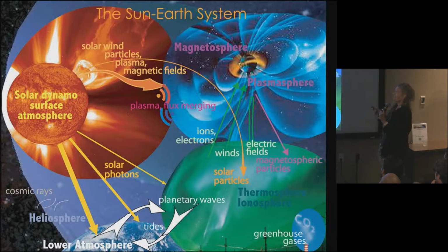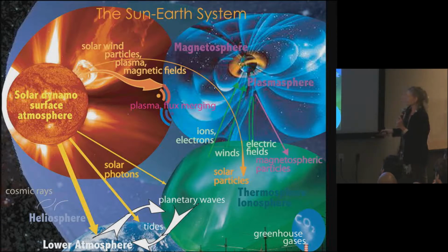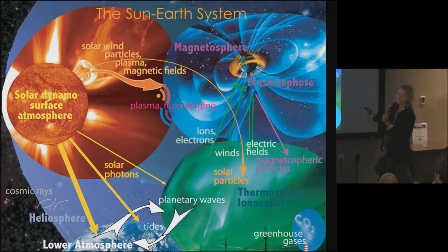This is just to give you a concept of how complicated this system is. We heard a little bit this morning about the magnetosphere. If you start off from the surface, it's surrounded by the atmosphere and the ionosphere, and then surrounding that are these magnetic regions called the magnetosphere.